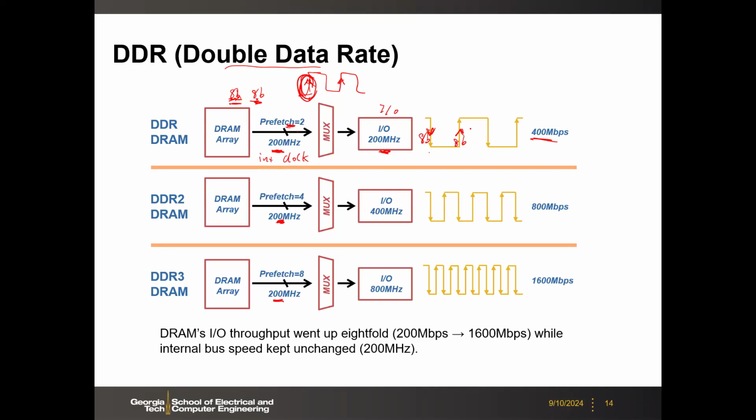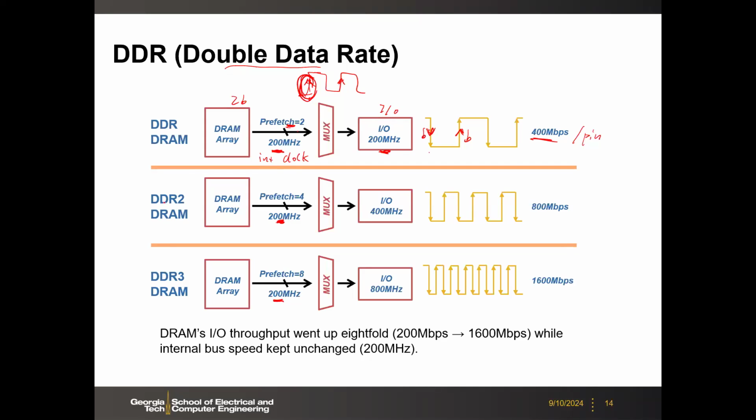To avoid confusion, let's say you get 1 bit, because per pin you're going to get 1 bit of data. You get 2-bit data here, and then you burst out 1 bit here, 1 bit here. So this is per pin. You need 8 pins for 8-bit data. Later you see 64 pins, where you get 64-bit data at one time. So per pin, it is 400 megabits per second.